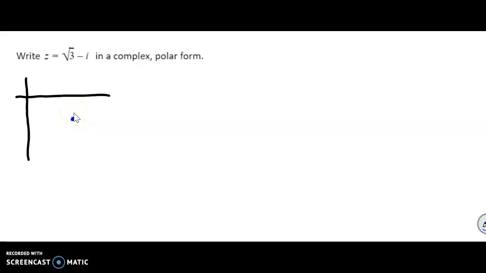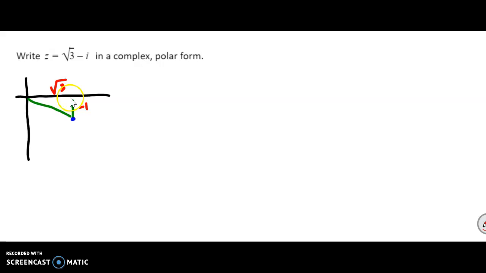Now, I'm actually going to draw a triangle because that's going to help us much more. You can see that I filled in the sides with our values from the equation. We know that square root of 3 is your x, so this runs along the x, and negative 1i, so negative 1 goes along the imaginary axis.